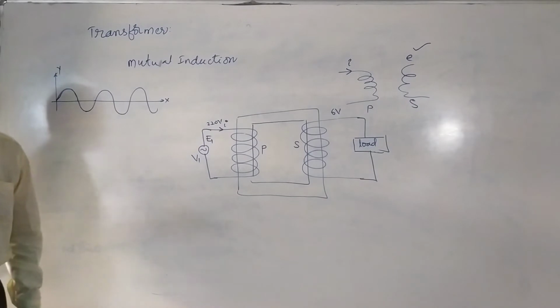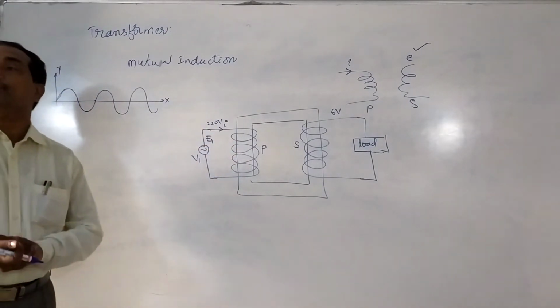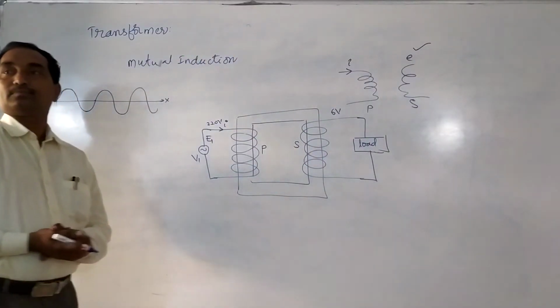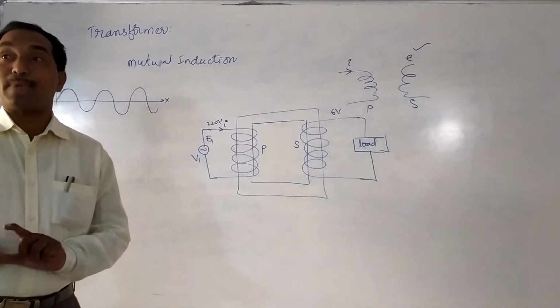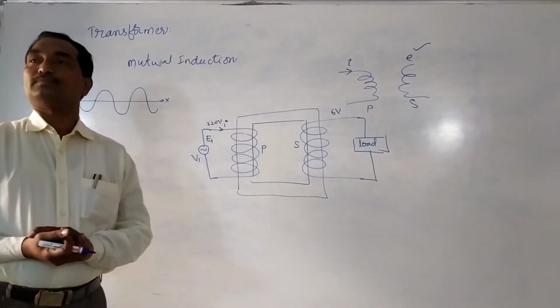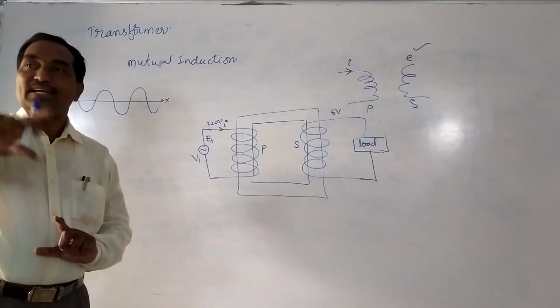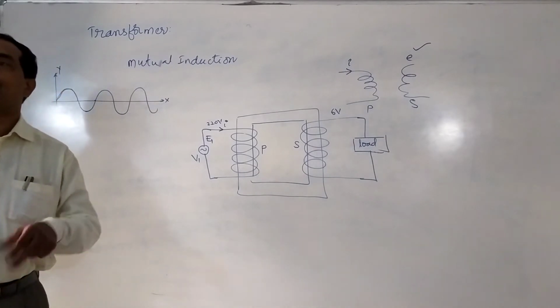When alternating current changes, or when current changes in the primary coil, the magnetic flux changes. Because we discussed in Faraday's law, or the electromagnetic induction principle, when current passes through a coil, a magnetic field exists around it. Am I right? There is nothing but magnetic flux.